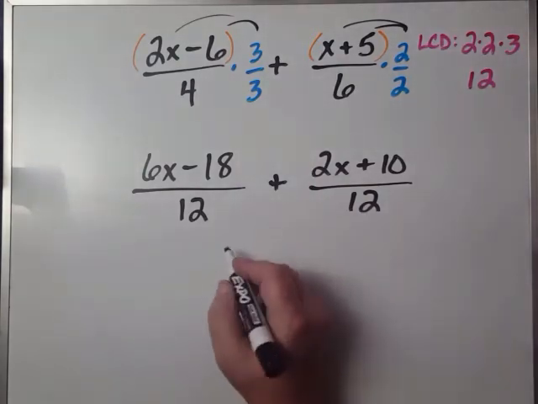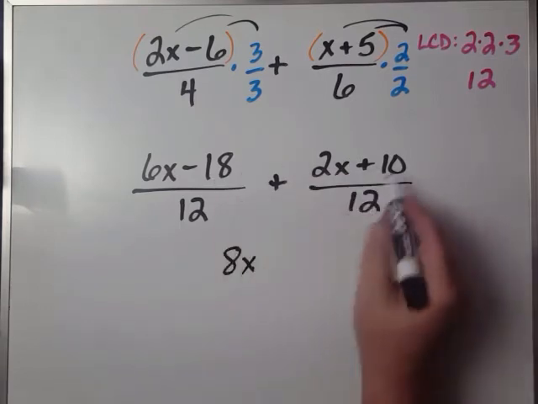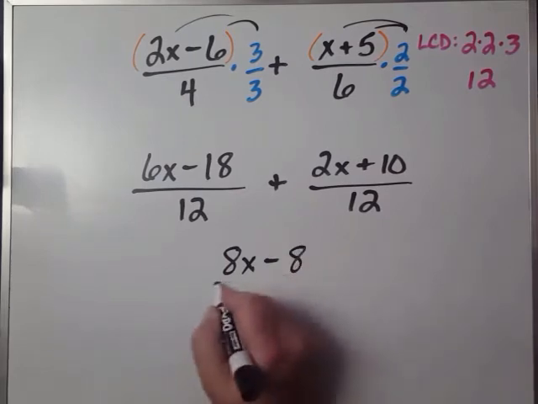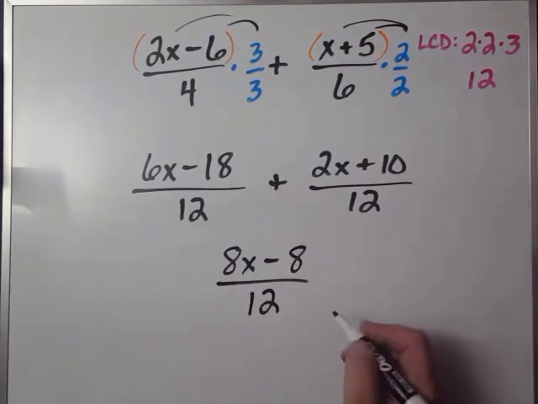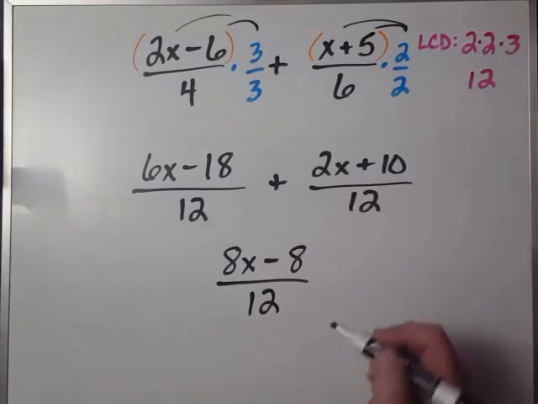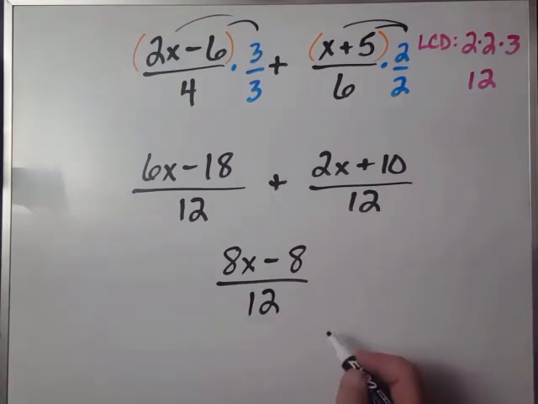Combining like terms in these numerators, we will get 8x minus 8, and that's all over 12. Are we done? That numerator is factorable. I'd better check for lowest terms.